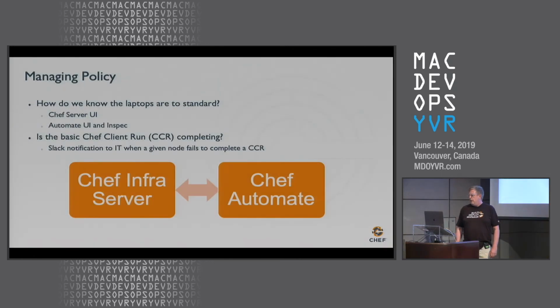So then when we want to talk about how we manage policy, once the Chef clients have all run, how do we know that we're in compliance or what the clients are all doing? We have three basic ways that we've automated so far. We're going to be doing more, but the first is that we can check the Chef server itself and see the last time the client checked in.